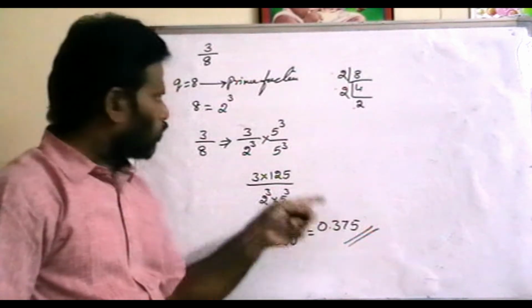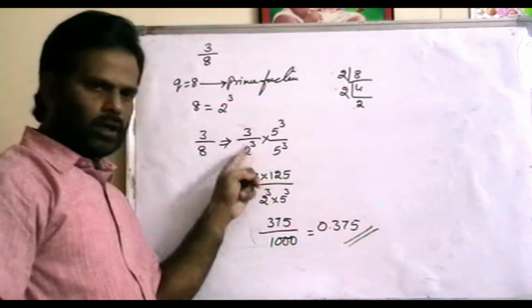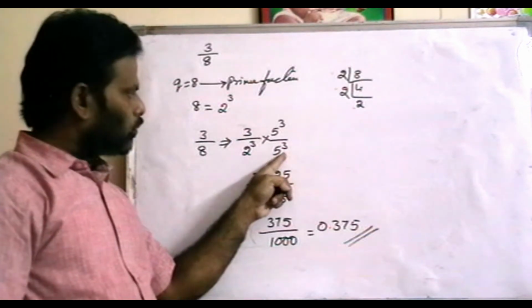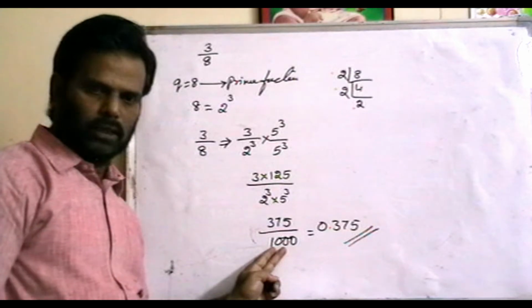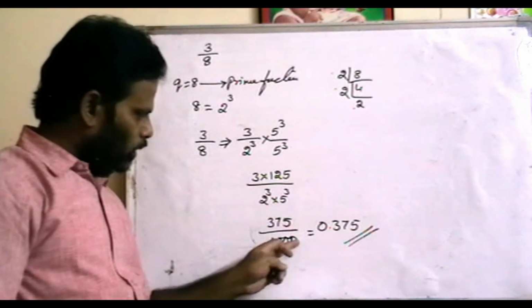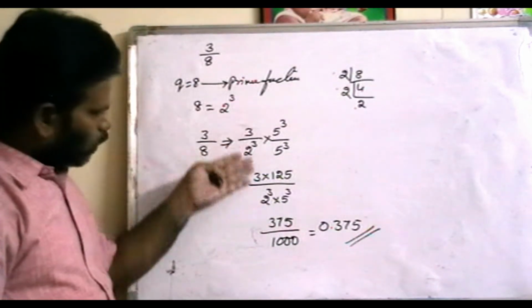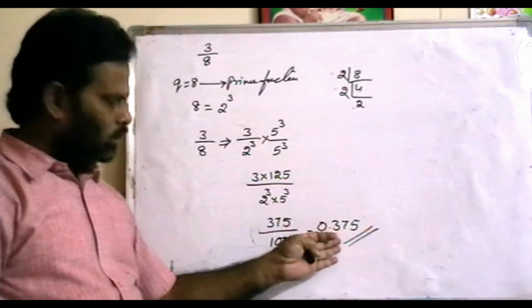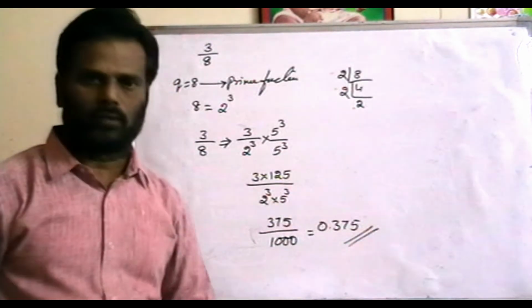Here the denominator is 8, which we write as 2 cube. Multiplying by 5 cube gives the nearby round figure 1000. So without performing division, we can change it into decimal form 0.375, that is, a terminating decimal.